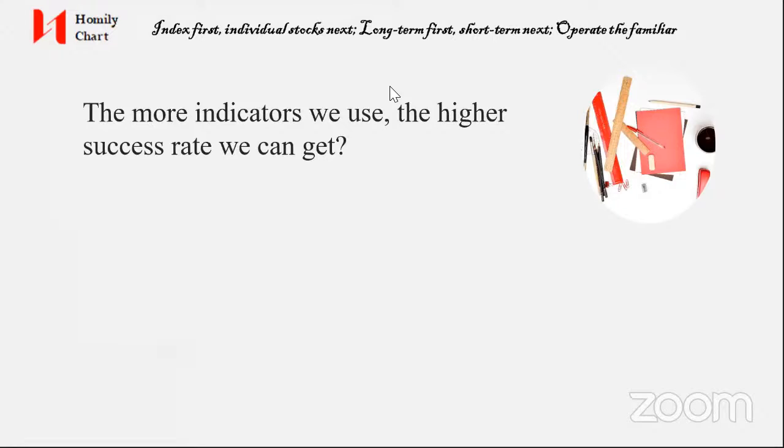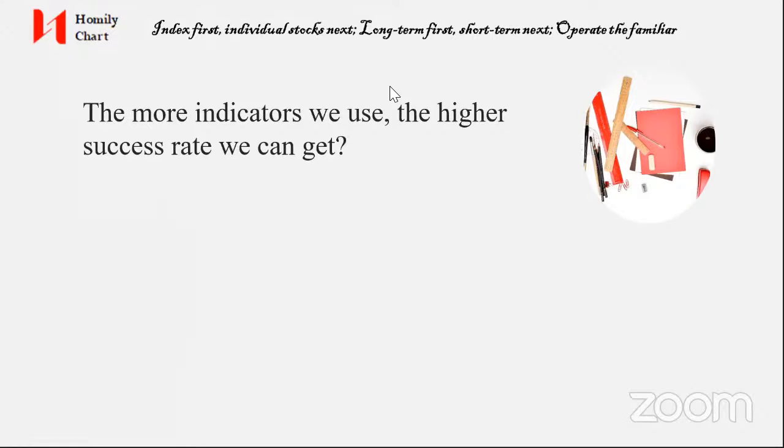Okay, you know, these are very new members. They don't even know very clearly about the basics of the Homily software. Then they just want to learn those relatively quite complicated, sophisticated indicators.